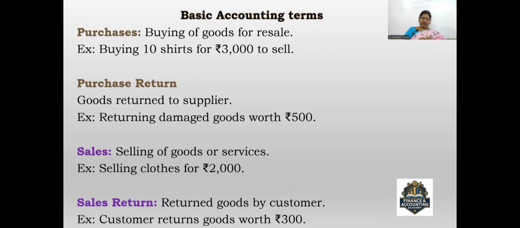Whatever purchase we have made, we are returning to our supplier. So what is that called? Purchase returns. Generally, why do you go for purchase returns? Because of damages that occurred to the products we bought for resale purpose. That is in terms of business.